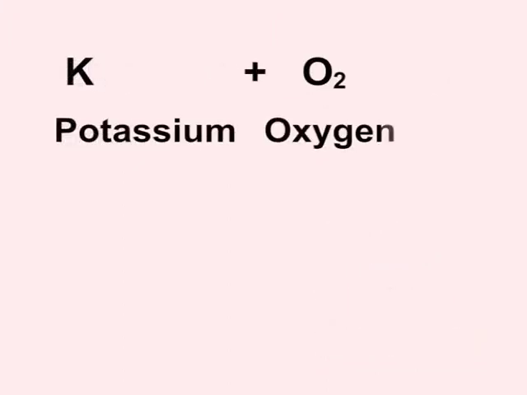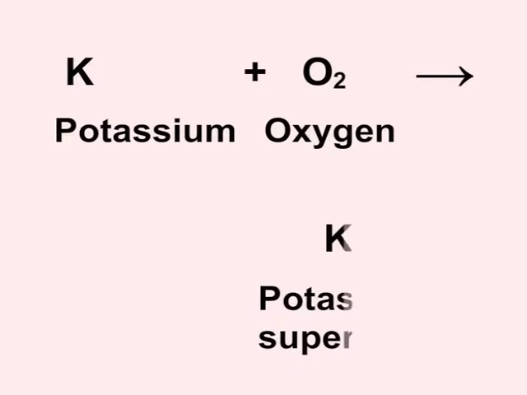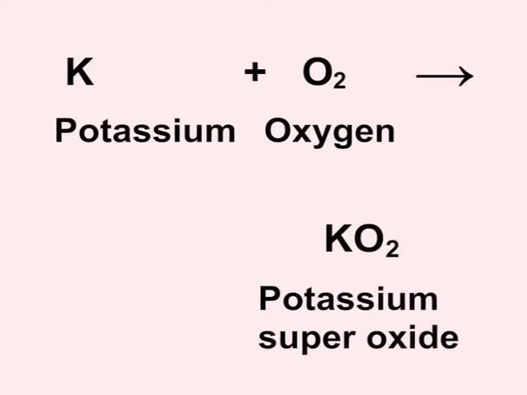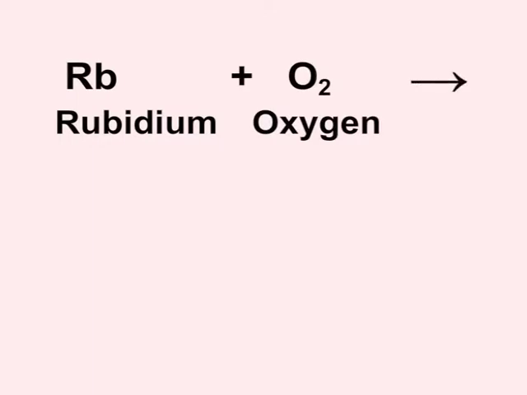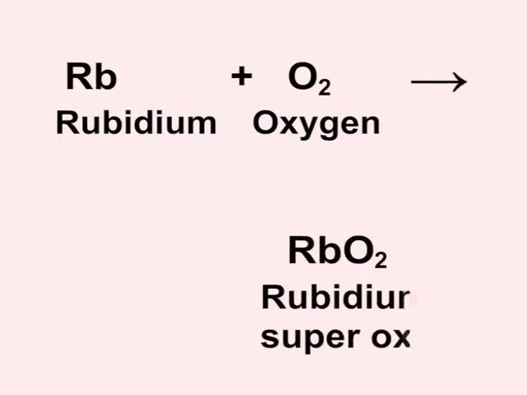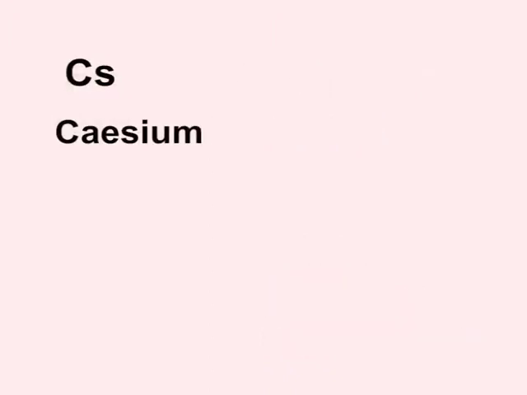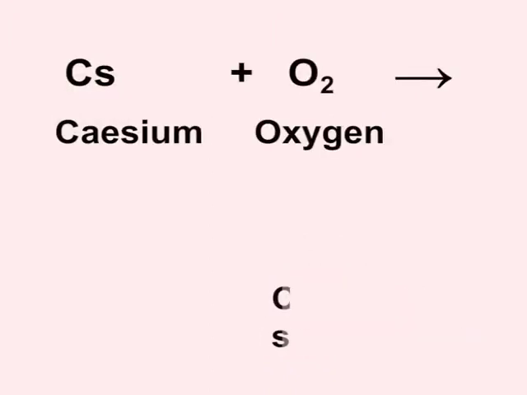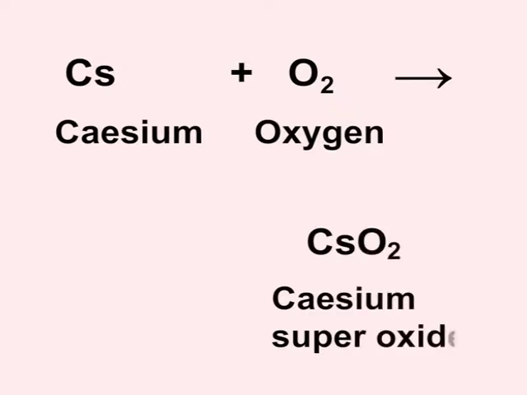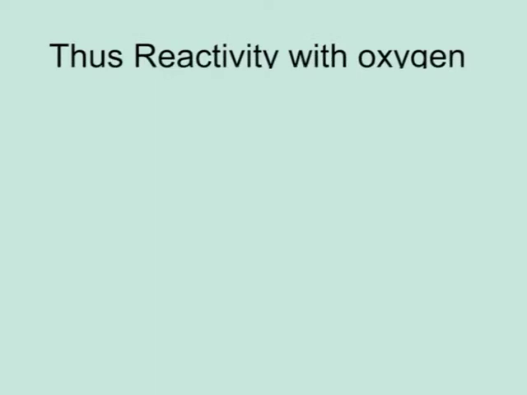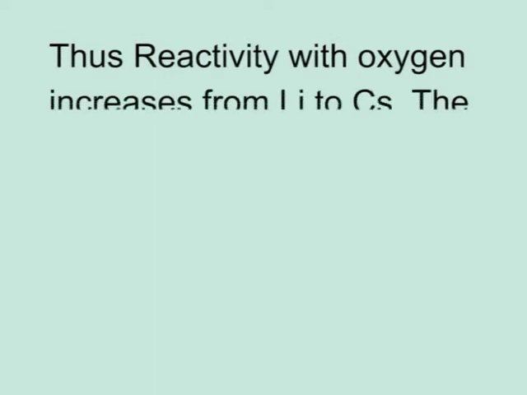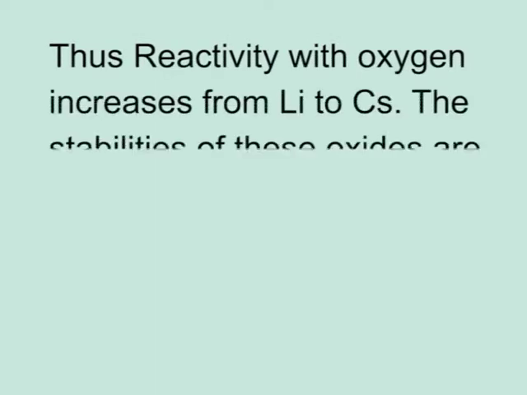Potassium reacts with oxygen to form potassium superoxide. Rubidium reacts with oxygen to form rubidium superoxide. Cesium reacts with oxygen to form cesium superoxide. Thus, reactivity with oxygen increases from lithium to cesium.